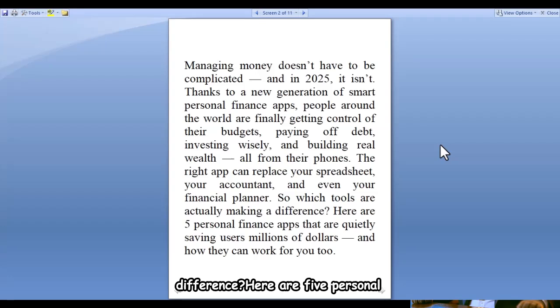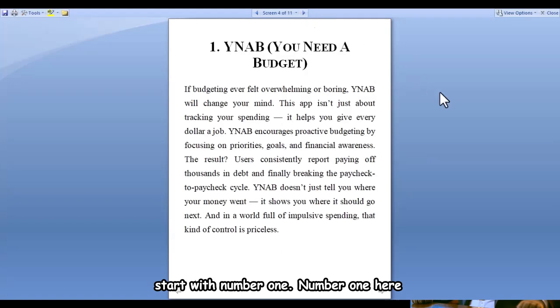Here are 5 personal finance apps that are quietly saving users millions of dollars, and how they can work for you too. Let's start with number 1: You Need a Budget. If budgeting ever felt overwhelming or boring, You Need a Budget will change your mind.